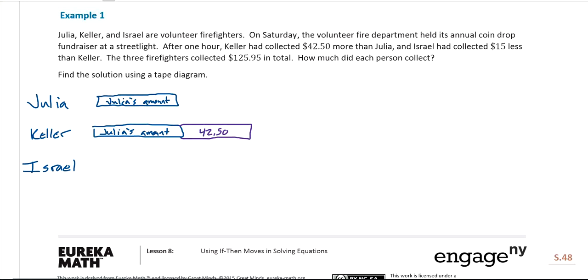So we have Julia and Keller covered, but remember, there was Israel. Now, Israel collected $15 less than Keller. So Israel collected a little less than Keller, but that means that he also collected Julia's amount because Keller collected Julia's amount.